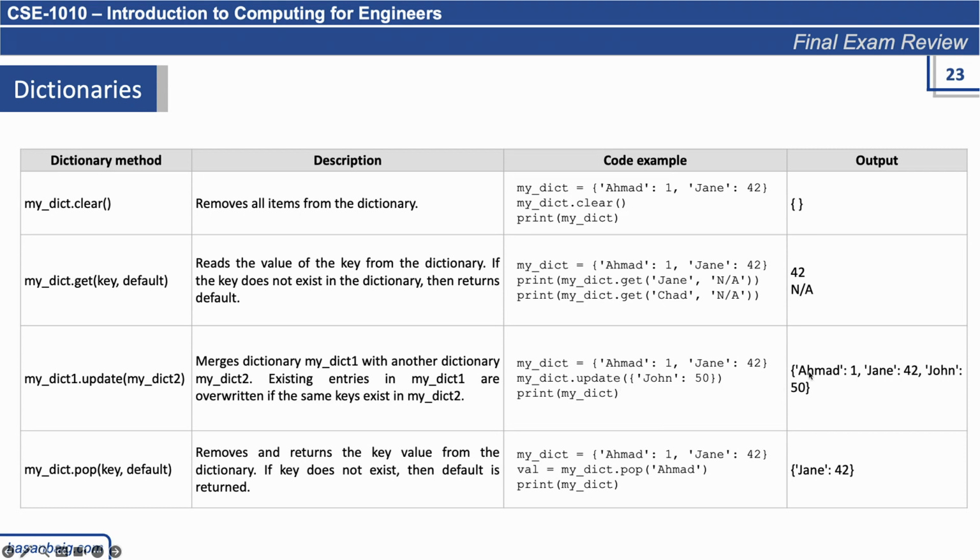He will be added into the existing my dictionary. And the pop method removes the element, and removes and returns the key value from the dictionary. If the key does not exist, it will display the default message, whatever you want to display.